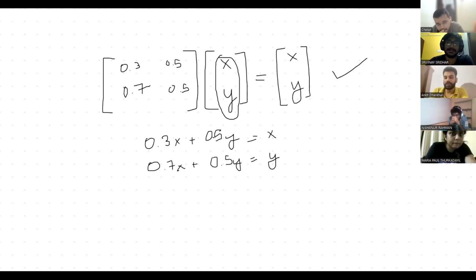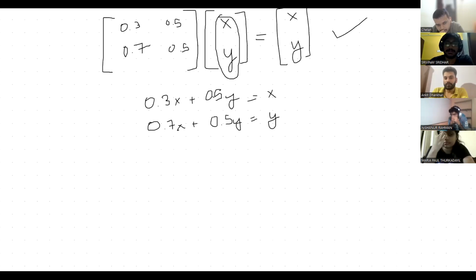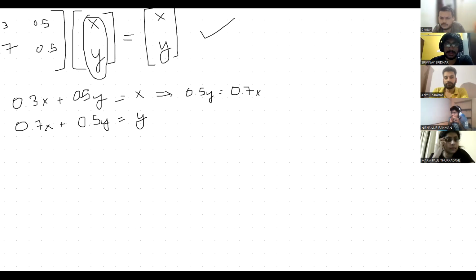In the first equation, it becomes 0.5y is equal to 0.7x after subtracting 0.3x from both sides.